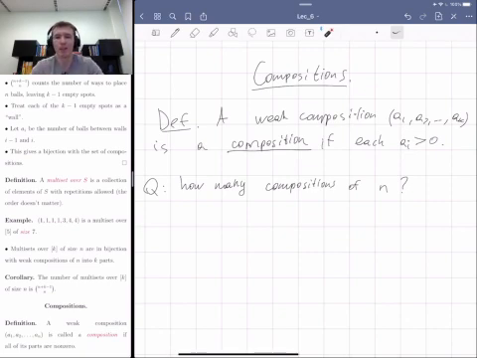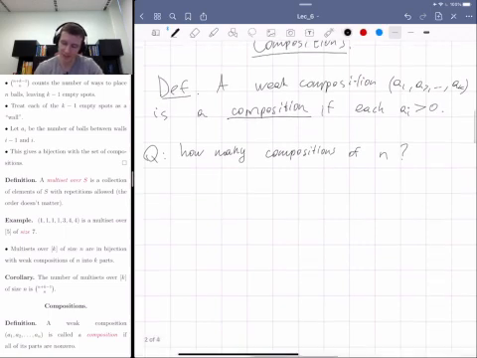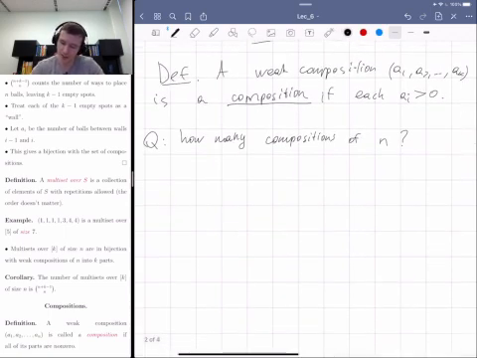Allocate one for each. Say it again. Okay, thanks. That's actually correct. If you take any composition and subtract one from each of these AIs, you're going to get a weak composition, and that's a bijection.